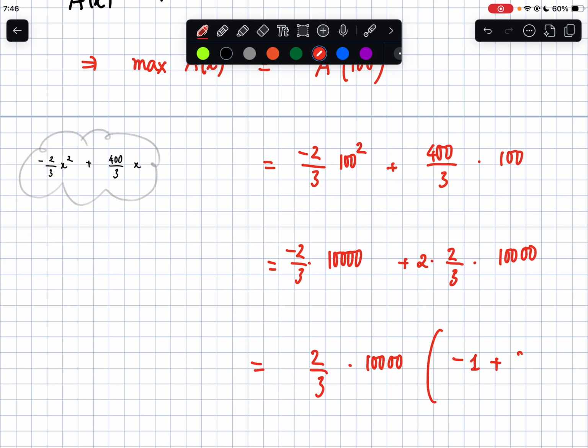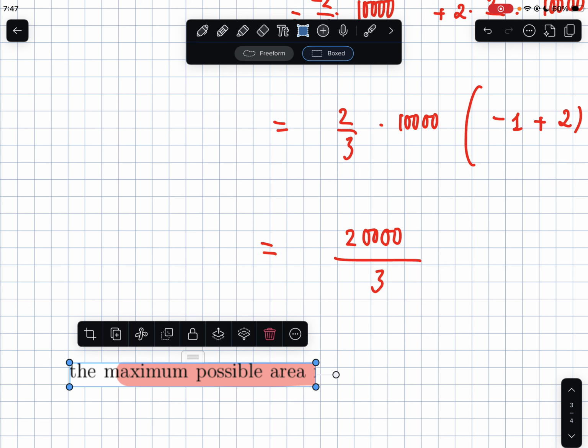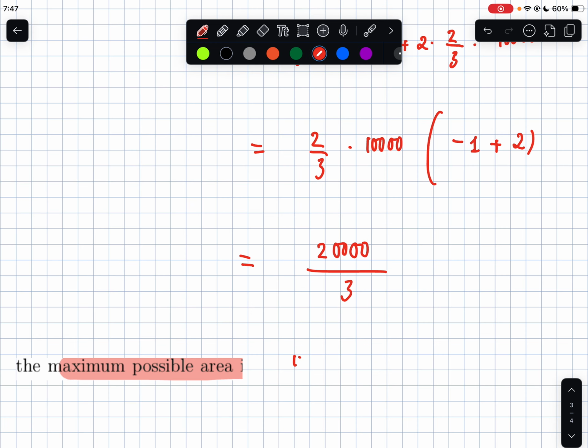So this gives us 20,000 over 3. This is our max of the area of the pens we need to find. The question is, what is the maximum of the area inside the pens? The conclusion is the maximum area inside the pens is this one.